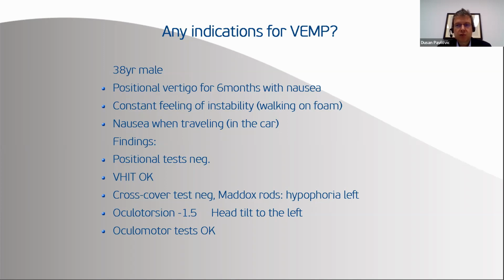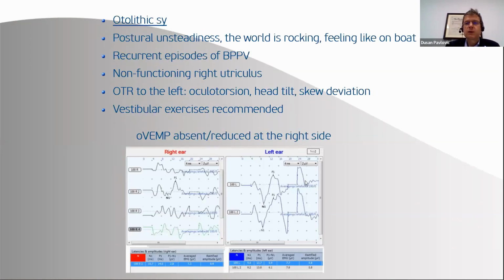Ocular torsion is within normal limits, it is a slight head tilt, and the cross-cover test is actually normal. Just measuring with Maddox rods, that means that the vertical asymmetry is just slight. So we can see this in normal individuals also, not in pathological values.